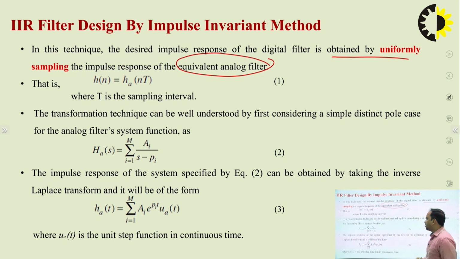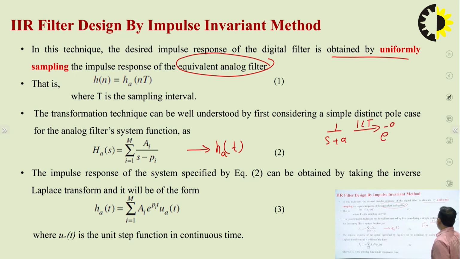The impulse response from this equation can be obtained by taking the inverse Laplace transform, which gives h(t). We are already aware that for 1 by (s plus a), the corresponding inverse Laplace transform will be e raised to the power minus a t, so the transform will be e raised to the power minus a t times u(t).